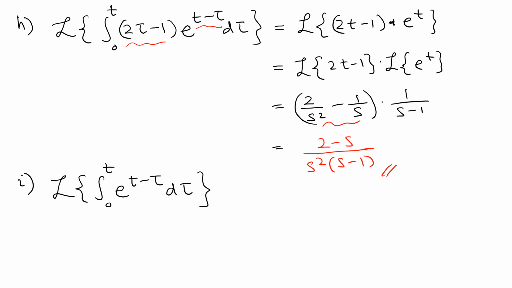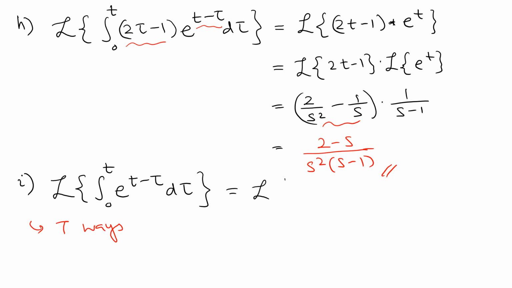Next we have the integral from 0 to t of e to the t minus tau d tau. Actually, this problem you can do in 7 different ways. So let's try to do one of them. If you look at the definition, there's an interesting thing going on here.